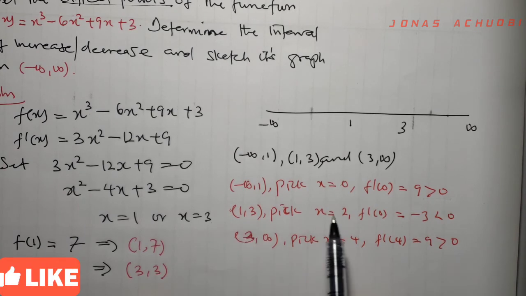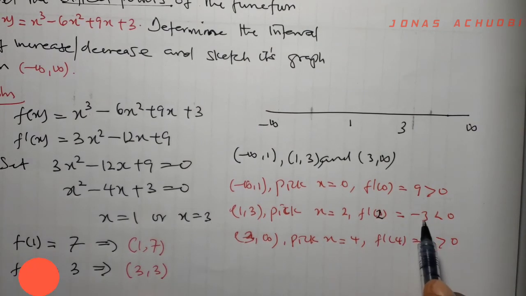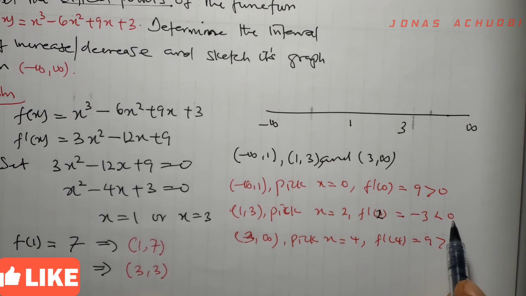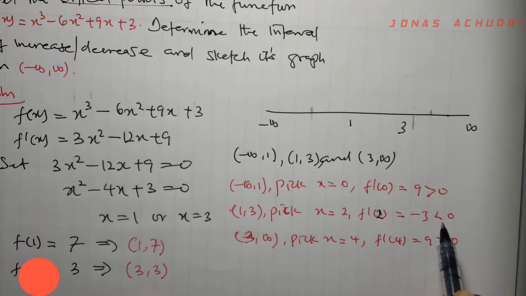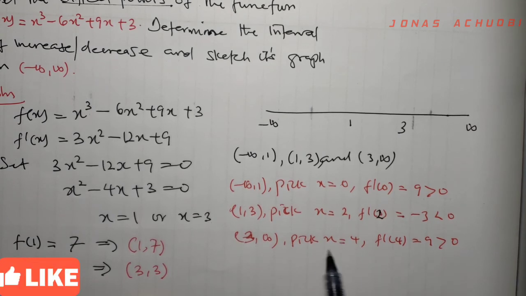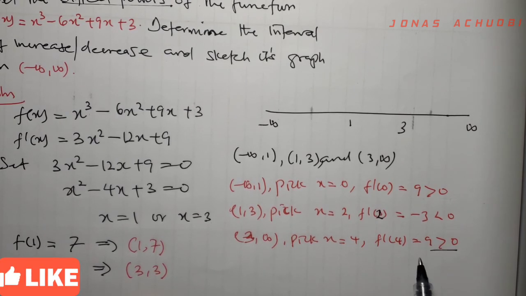In the second interval, I pick x equal to 2, and f prime of 2 gives me minus 3, and minus 3 is less than 0. We conclude that in the second interval, the function is a decreasing one. In the third interval, I pick x equal to 4, and f prime of 4 gives me 9, and that is bigger than 0. So in the third interval again, the function is an increasing one.